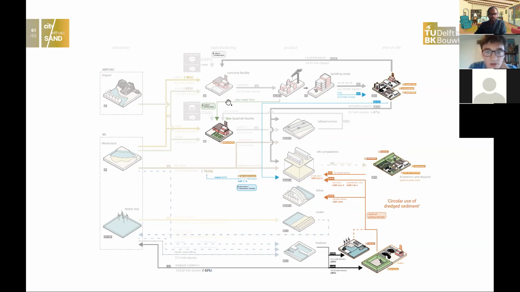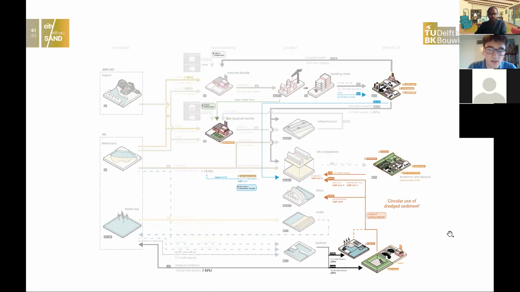So for example, from all the different ideas of reusing concrete, you can reduce up to 90% of sand, and by using those tidal parks and land farming, clay ripening areas, you can reduce 25% of dredging.